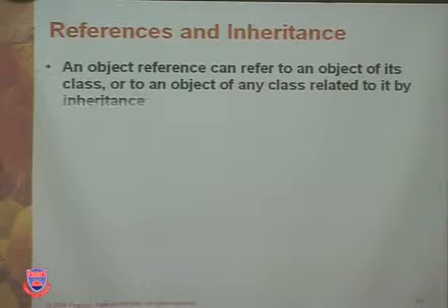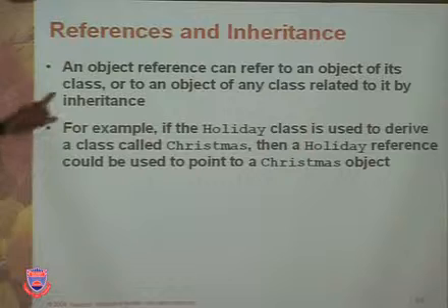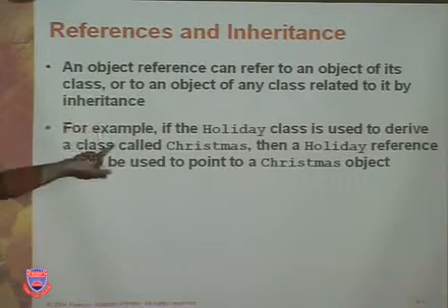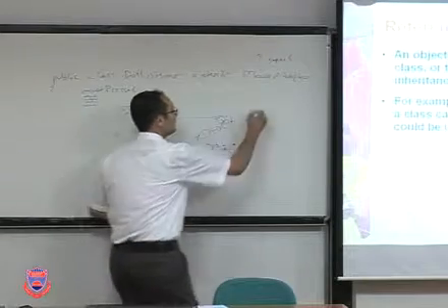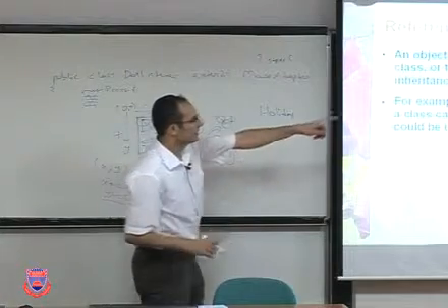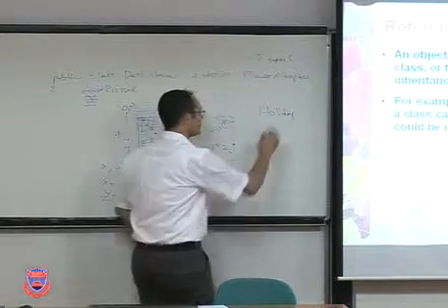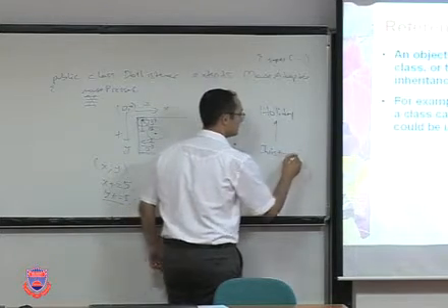So in using inheritance, you can create polymorphic references. For example, an object reference can refer to its subclasses. So if the holiday class is used to derive a class, so you have a holiday class, and then you have a Christmas class, which is a holiday. Okay.